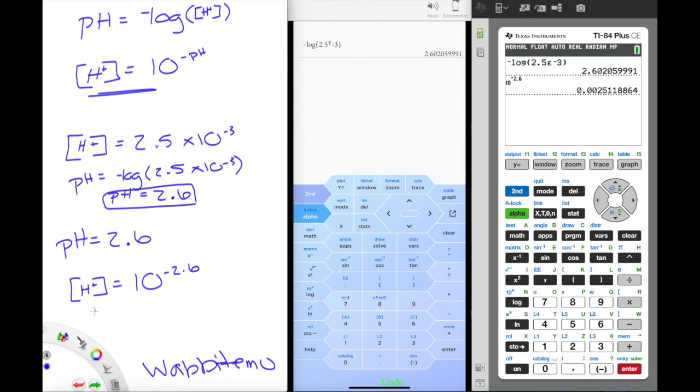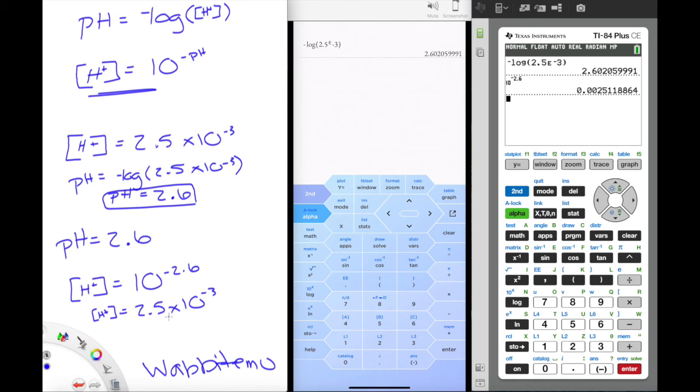Hydrogen ion concentration is going to be equal to, and if I move my decimal over, 1, 2, 3, I'm going to end up with 2.5. Remember, my coefficient always has to be between 1 and 10. 2.5 times 10, and I had to move it 1, 2, 3 places to the right, so that's going to be -3, and that matches this, so we know that we did the calculation correctly.